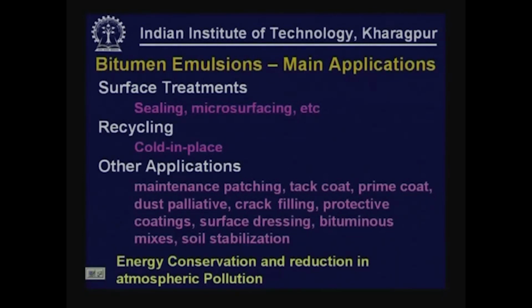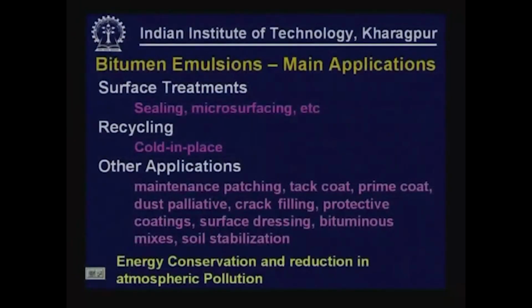The main advantage of using bitumen emulsions is the conservation of energy and reduction in atmospheric pollution. We will appreciate this once we understand what exactly emulsion is, how it is formed and how it can be used.